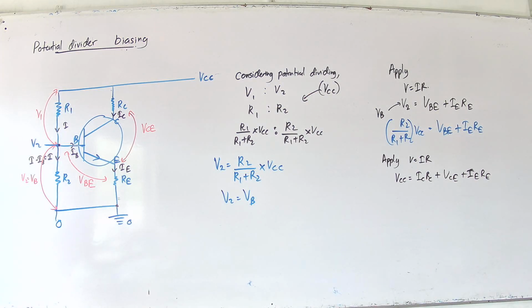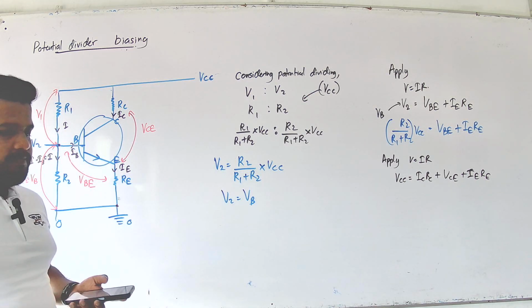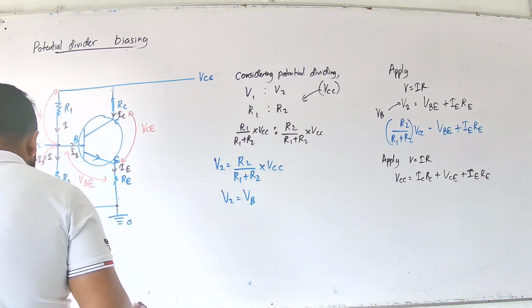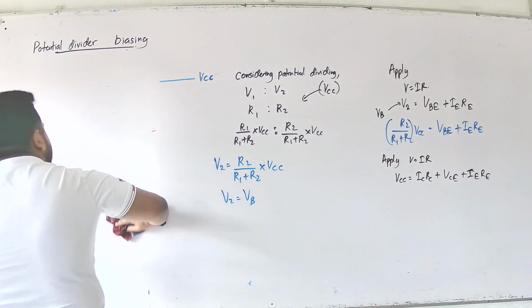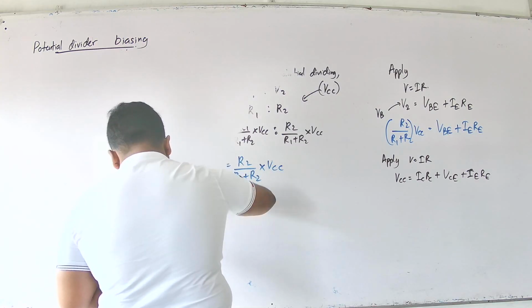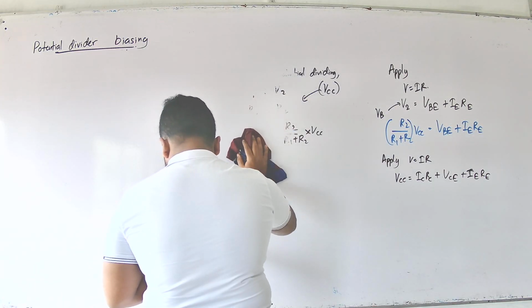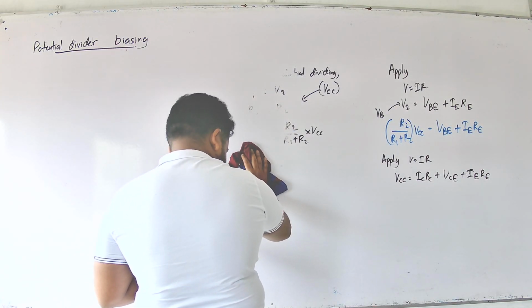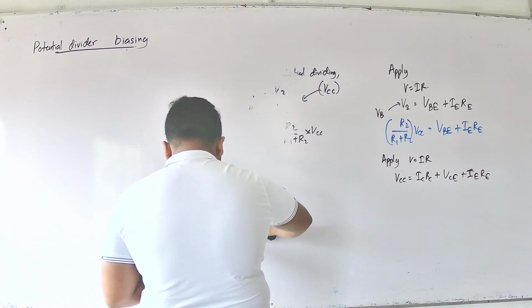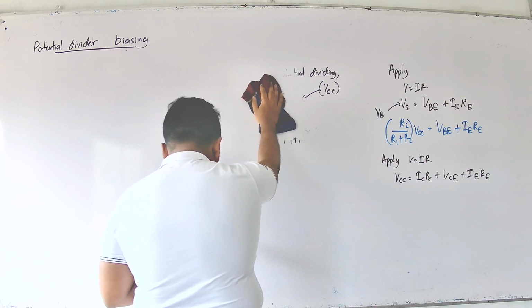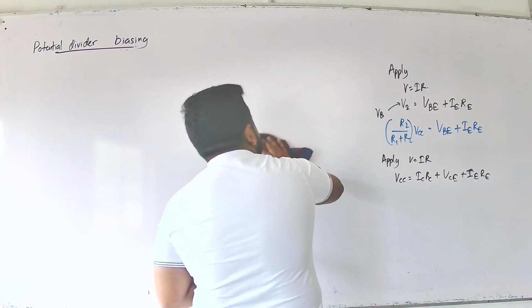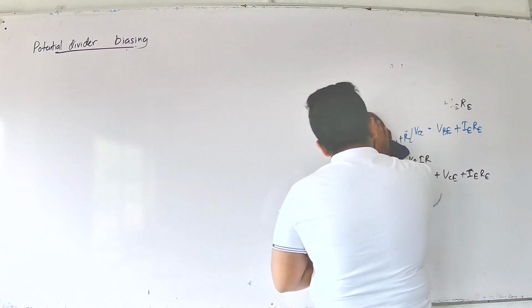Write down an amplifier circuit with a potential divider biasing is shown as follows. Biasing as follows.